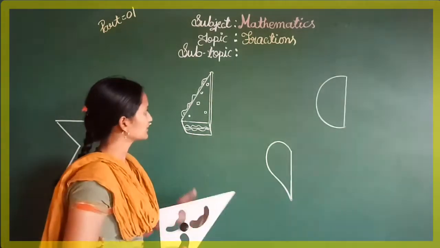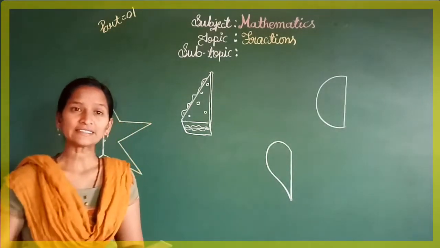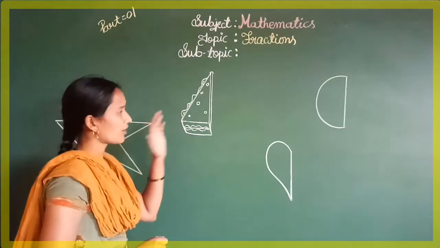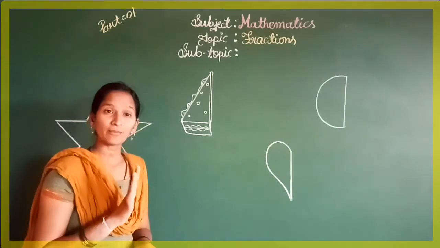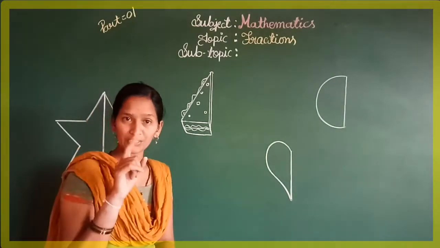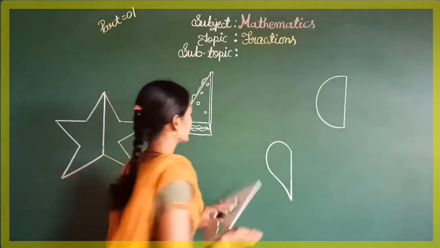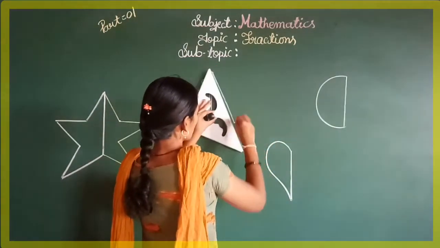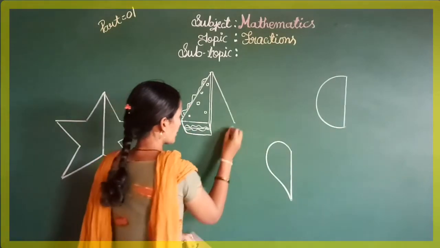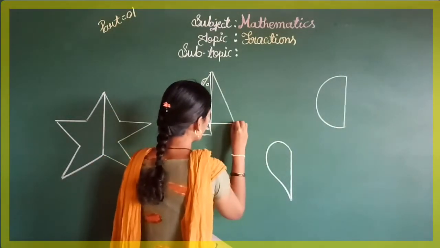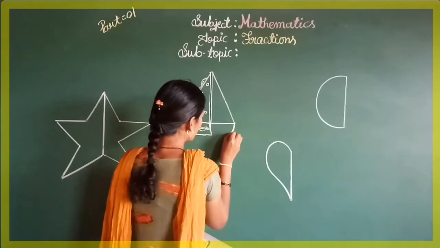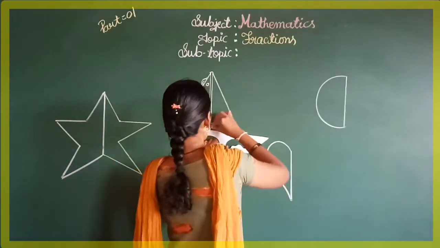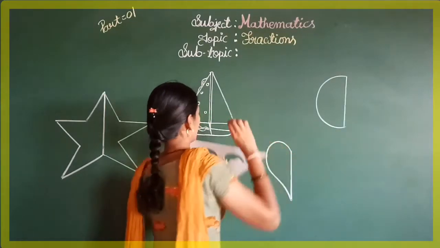So look here, what is this? It is a piece of cake, but they gave only half of the picture. You have to complete the other half. Are you ready to do? Yes, look here. First, it is in triangle shape, right? So now you have to complete this with the help of your scale.